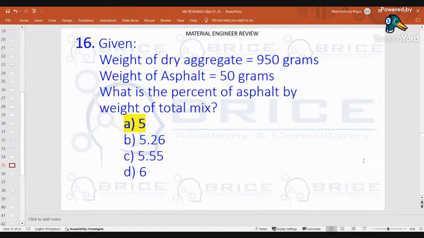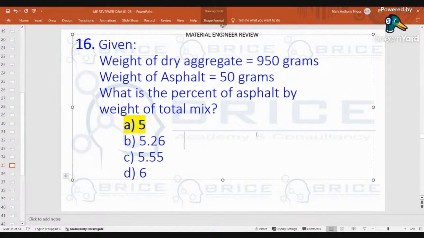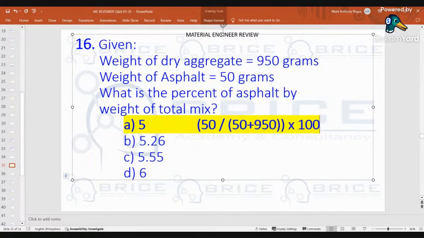So, let's just write it this way: 50 over 50 plus 950 times 100%.